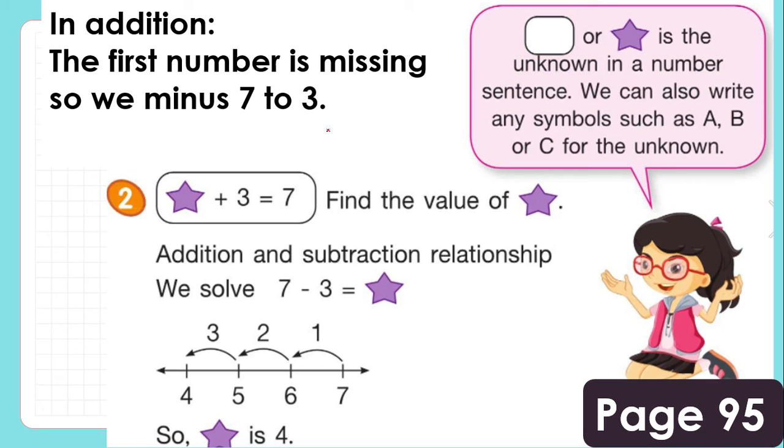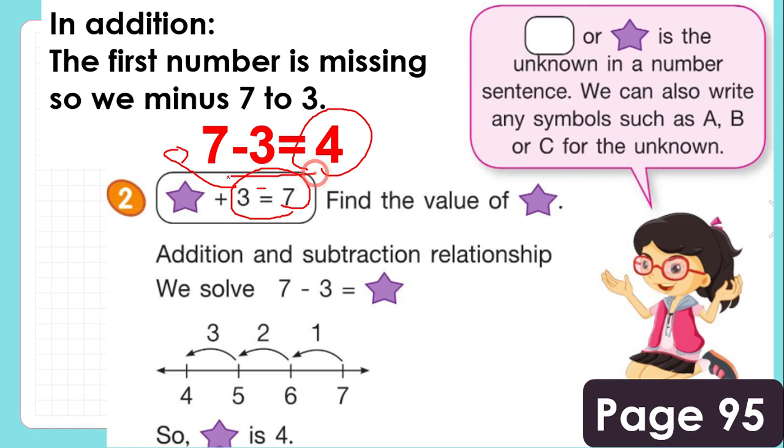So what are we going to do? We're going to minus this one. Let's minus 7 minus 3. 7 minus 3 equals 4. So let's write 4 on the star, inside the star. So 4 and on the box.